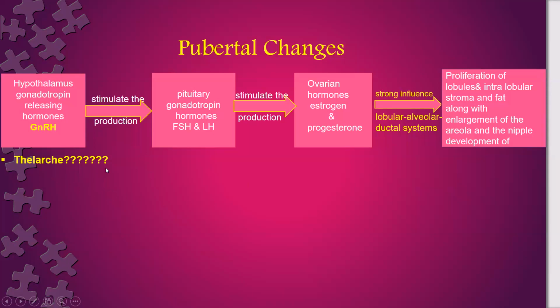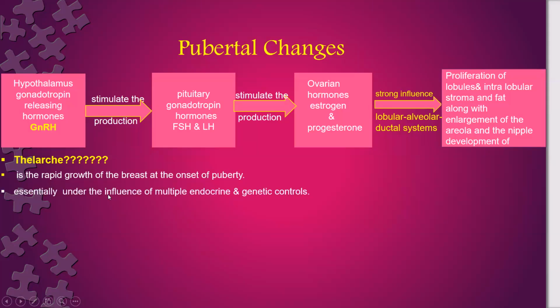What is thelarche? Thelarche is rapid growth of the breast at the onset of puberty. You see, at the onset of puberty, this is thelarche. And as you know, it is due to the influence of multiple endocrine as well as genetic factors.